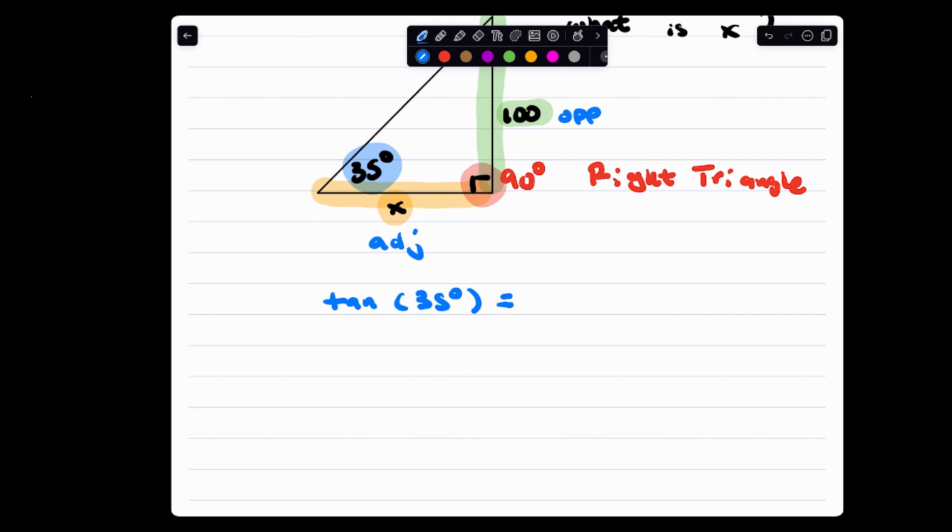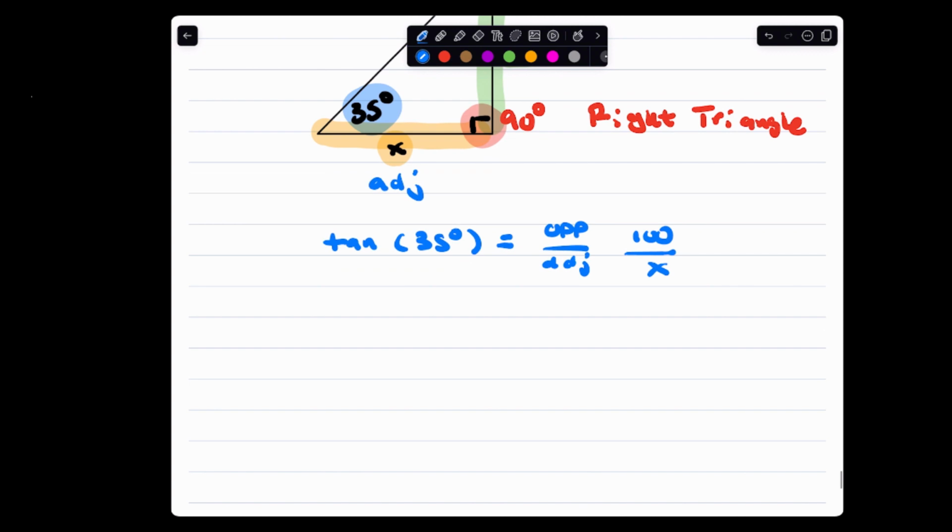Opposite, remember that language? Opposite over adjacent. You know what that means? 100 over x. So we have tangent of 35 degrees becomes 100 over x.